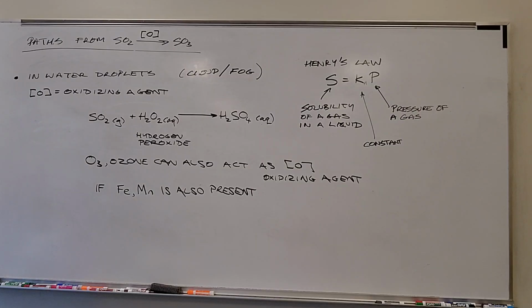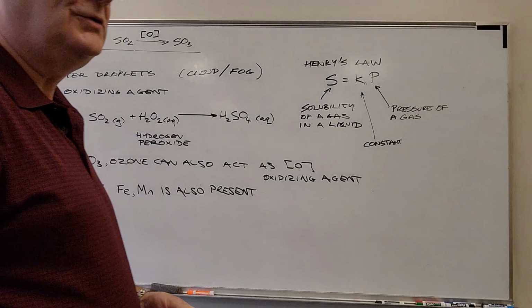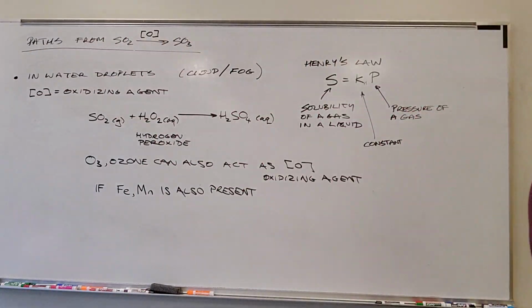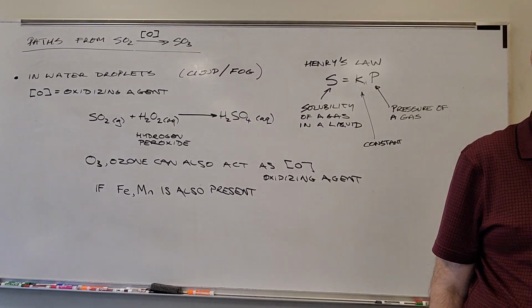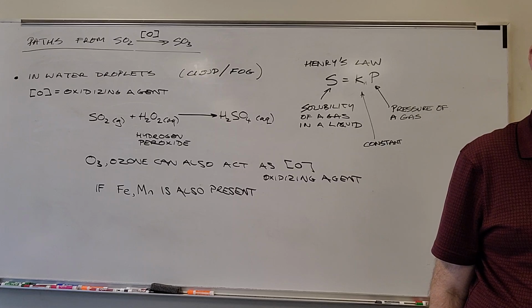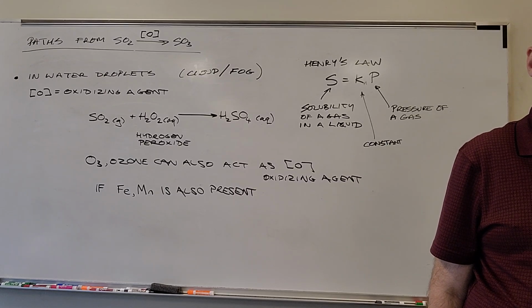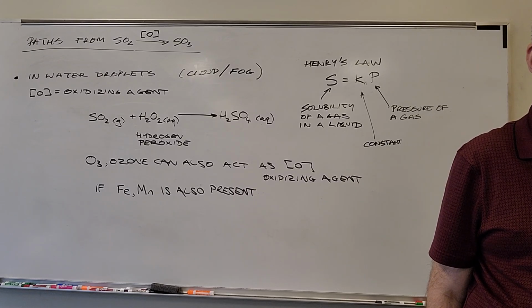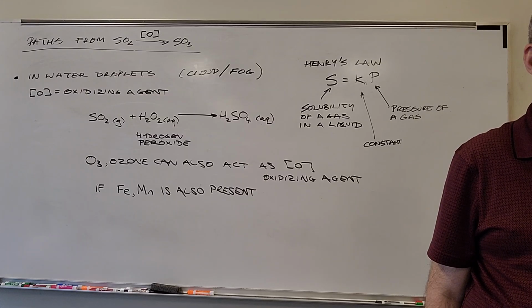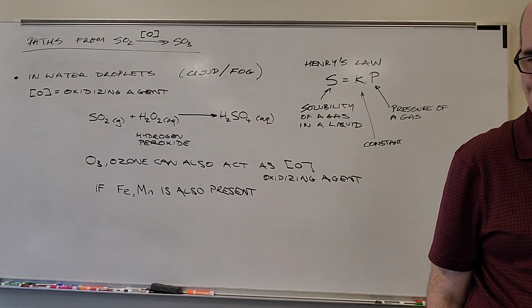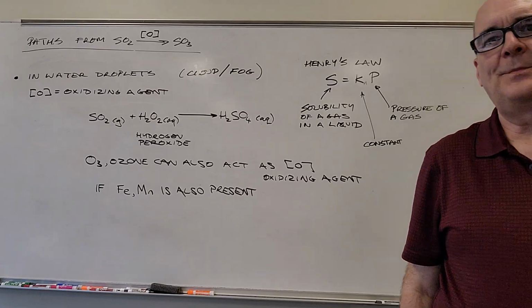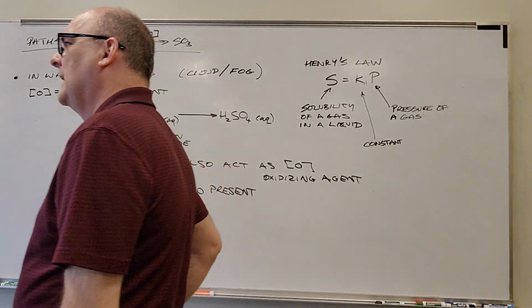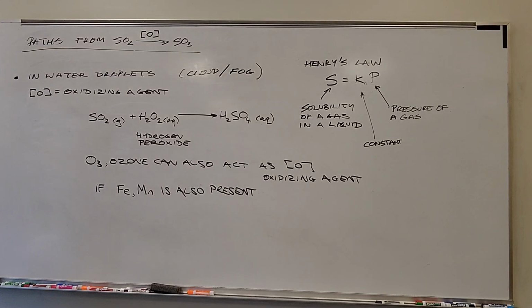If we were to count, what's the most abundant atoms on this planet? What is the most abundant element on the planet? Get your Google out and look it up. Most abundant elements on the planet are things that we don't think about a lot.